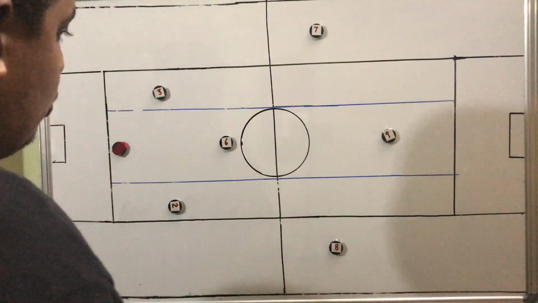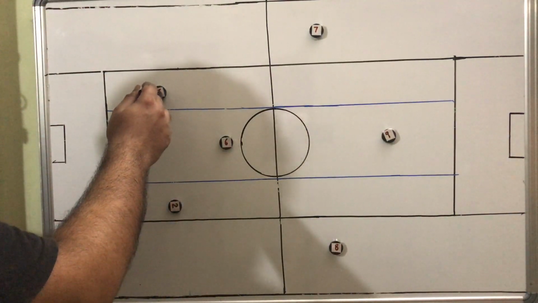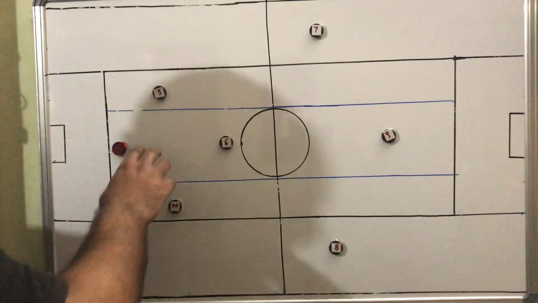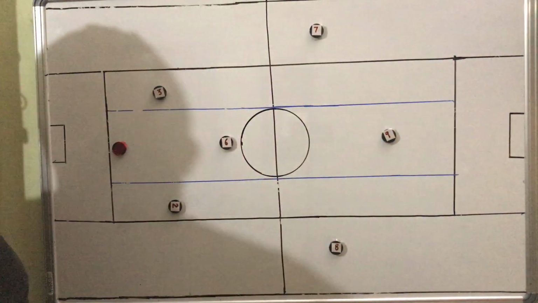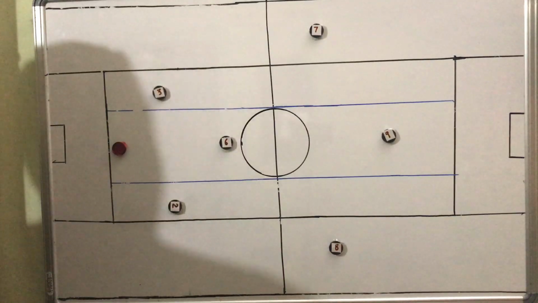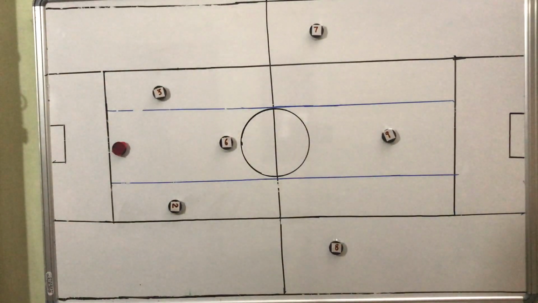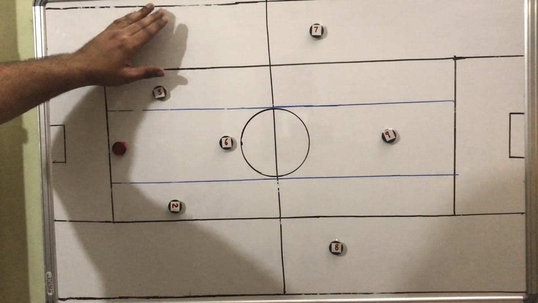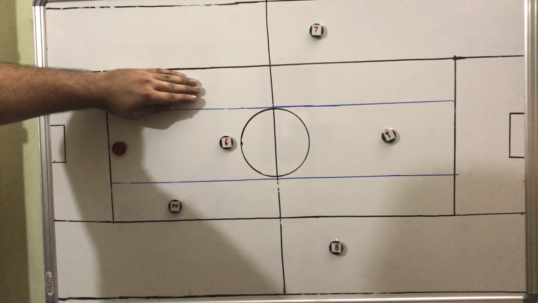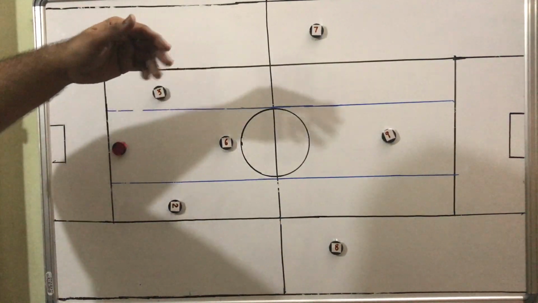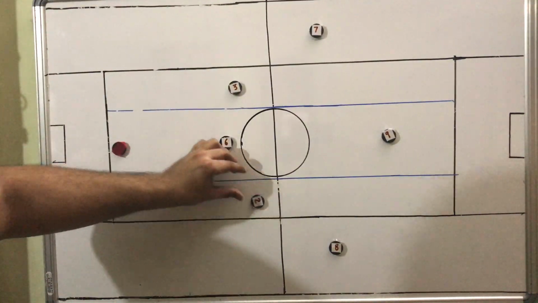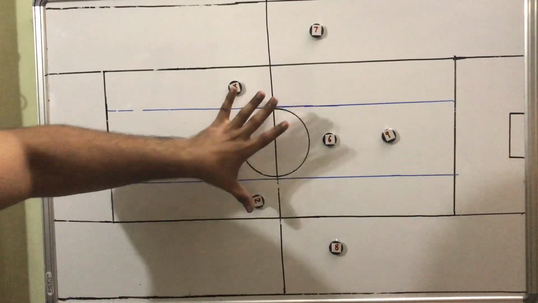Tomorrow, whoever chooses to play defense, whether you play left or right, your job is not just to look at this channel or maybe just this defensive third. You are taking on an additional responsibility tomorrow where you're also going to play as a fullback, as a centre back, centre half, and on certain occasions you might also play as a midfielder.